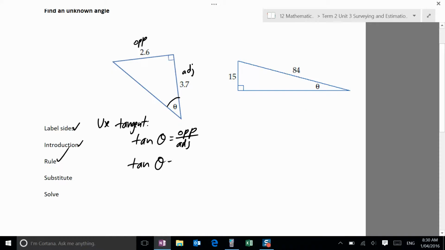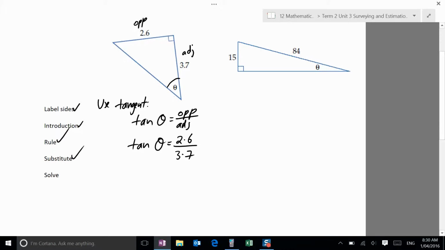Substitute in the values I know. Tan theta equals opposite side 2.6 divided by the adjacent side 3.7. Now I need to solve for the angle. I'm trying to get rid of this tan. Most students will say, divide by tan. Try typing that into your calculator. Got no chance.